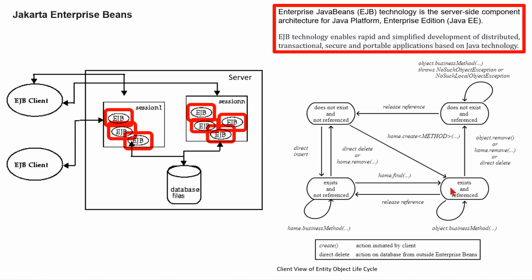Also, an entity object may be deleted directly using means other than the remove operation, for example, by deletion of a database record. The direct insert and the direct delete transitions in the diagram represent such direct database manipulation.